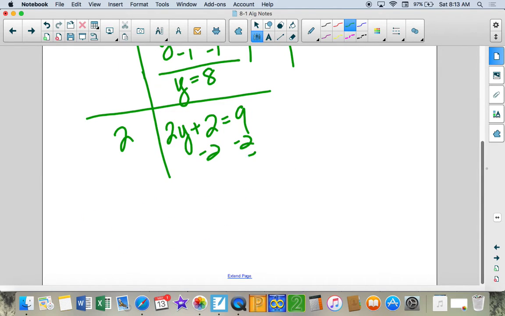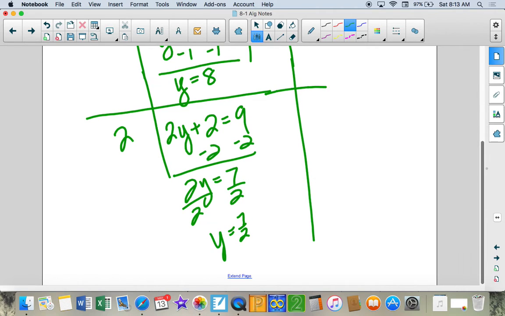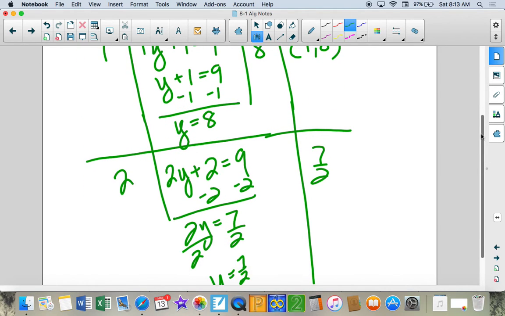Subtract 2, we get 2y equals 7. Divide by 2, y equals 7 halves. So my next coordinate is (2, 7/2). And we can keep plugging in numbers and continue to do that.